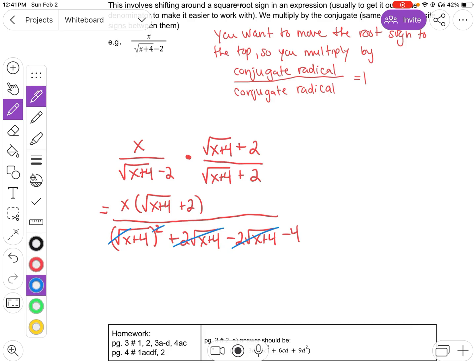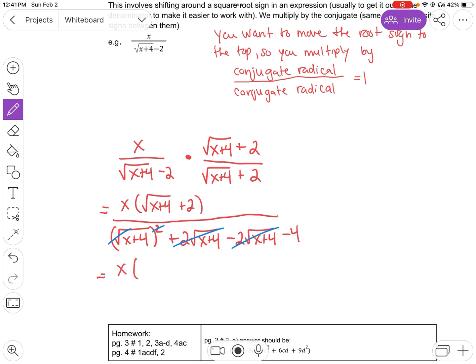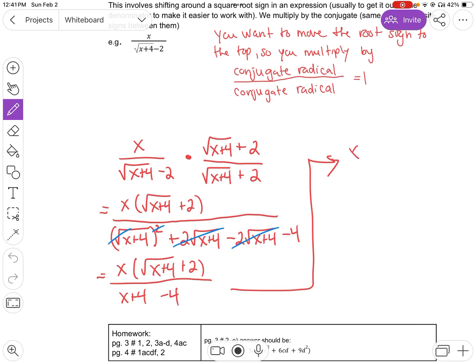So in the end, we are just left with, let me write the top here, the numerator, x plus 4, and then we've got our minus 4. Now I'll write the rest up here. So keep the top the same for now with that x out at the front.